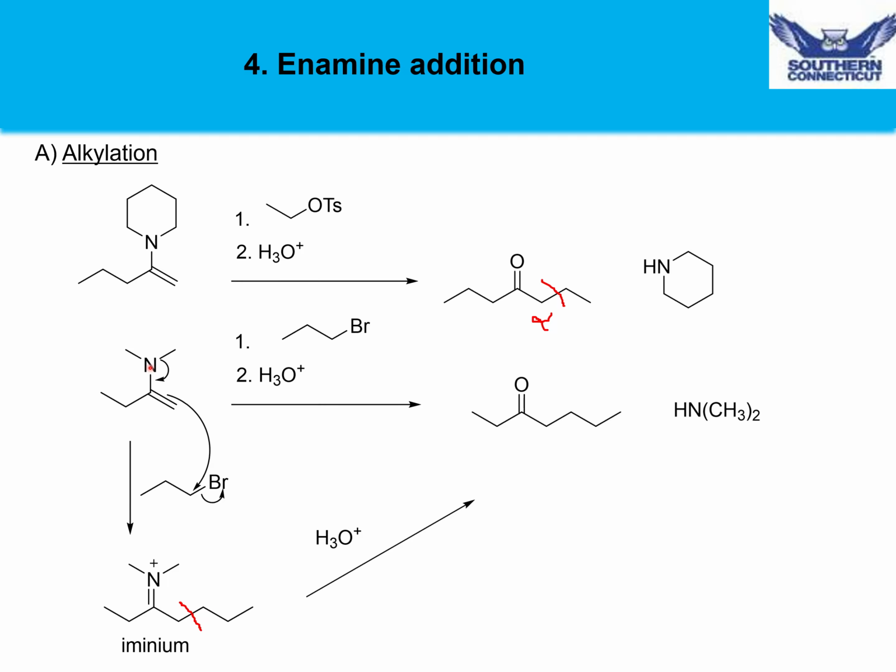What happens to the nitrogen is it forms an iminium ion, which we see here. As it pushes electrons towards the alpha carbon, it forms that double bond, with a positive charge on the nitrogen. And iminium ions will be hydrolyzed by aqueous acid into a ketone and a secondary amine.